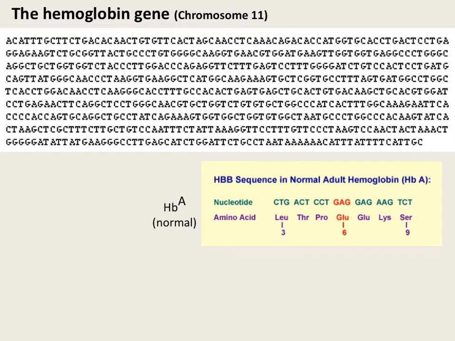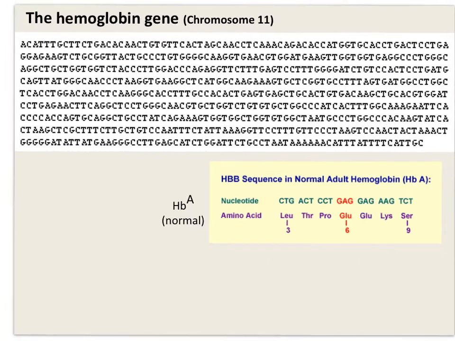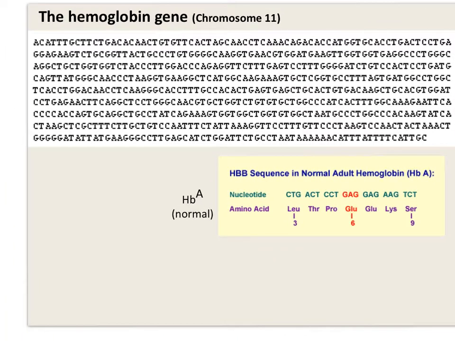So here's the hemoglobin gene. Remember, in terms of DNA, we've got 4 letters, A, T, G, and C. This is the whole hemoglobin gene, and it's got a whole bunch of amino acids.